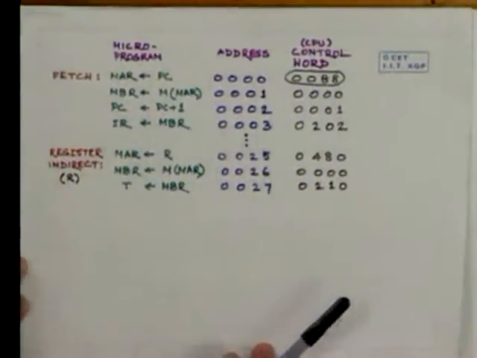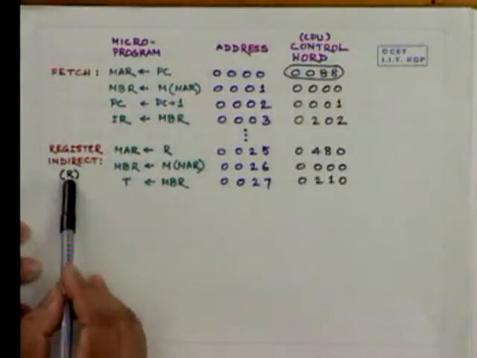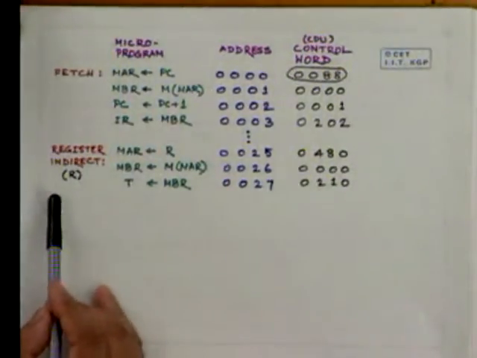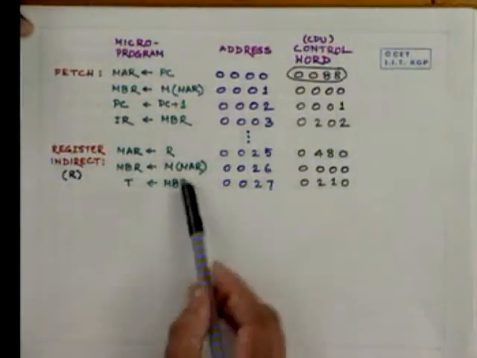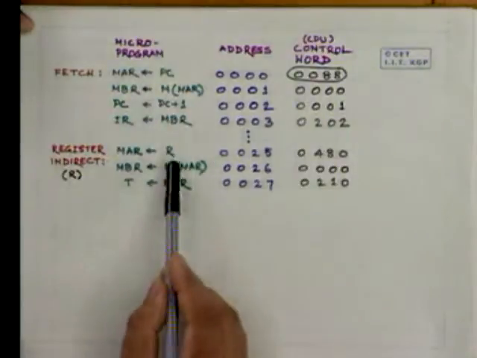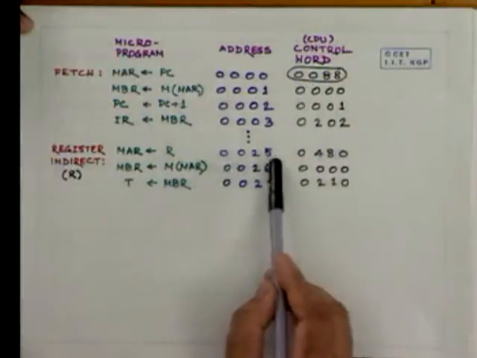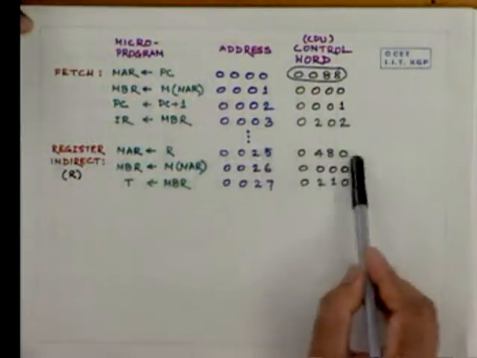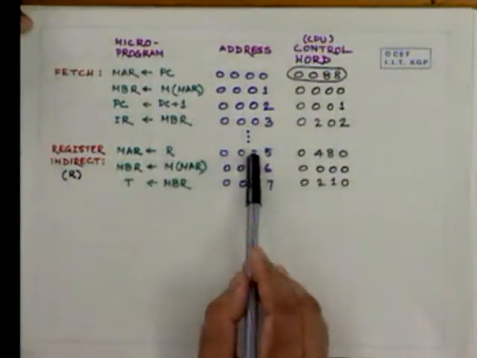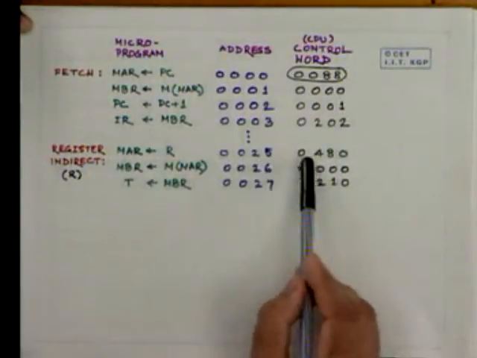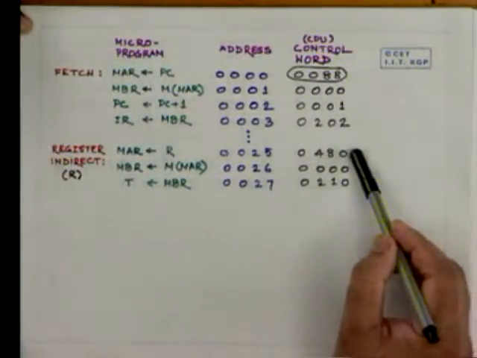For example, I have said that this is for the fetch. Register indirect addressing, say, where the content of the memory location to be addressed is contained in a register. In that case, the microprogram turns out to be: content of R should go to the memory address register. Say the address is 0025 in my control memory, and the content of that memory location 0025 should be 0480 as per the necessity of the control word.